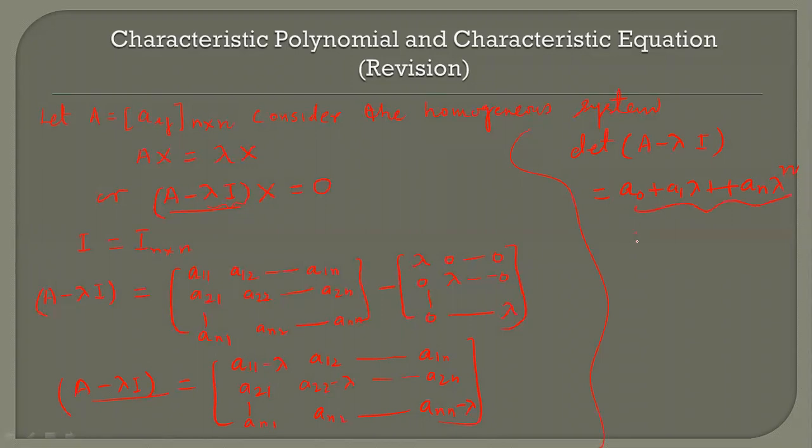This polynomial is called characteristic polynomial. And if we take the equation form of this determinant, if the determinant is equal to 0, then it becomes the equation a0 plus a1 lambda plus and so on, an lambda to the power n equal to 0. This equation is called characteristic equation, and its roots are called characteristic roots or eigenvalues. This thing I have already discussed in lecture 11. You can revise from that lecture also.